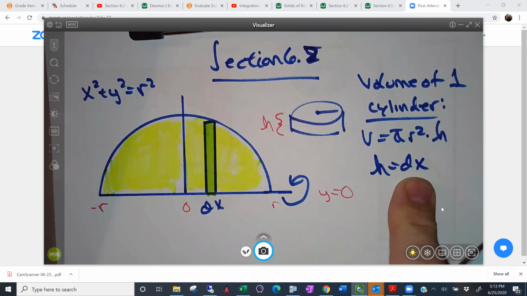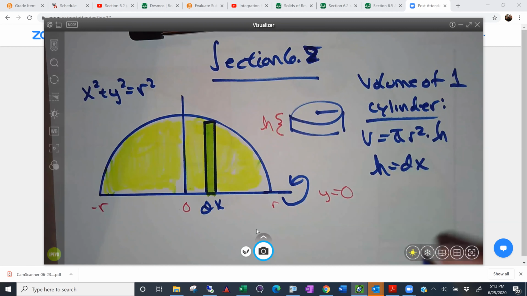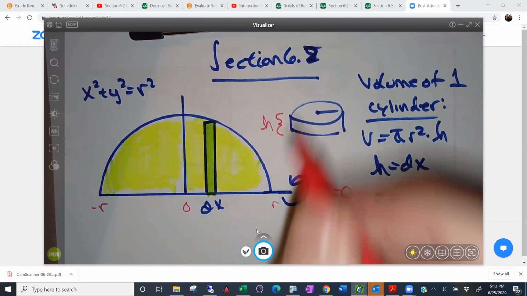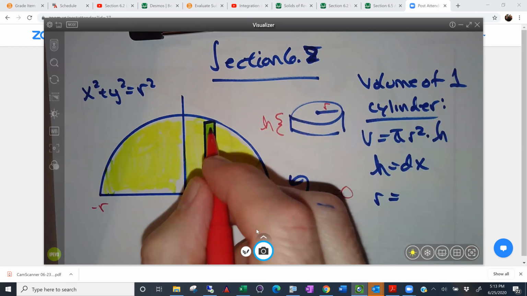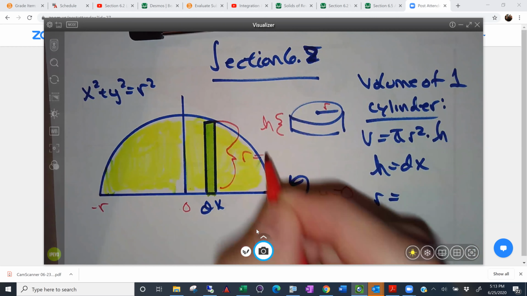Now, because it's dx and not dy, that tells me that the rest of my expression has to be in the variable of x. Good. So we get r has to be some function of x. R is the radius, of course. So r is going to be this distance here.